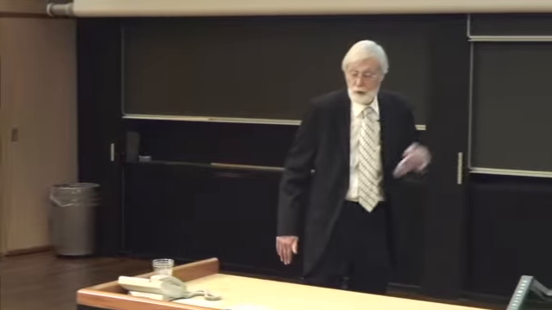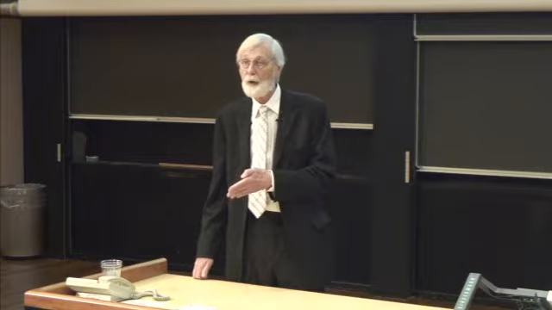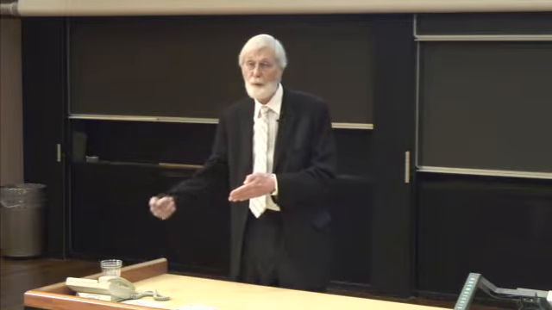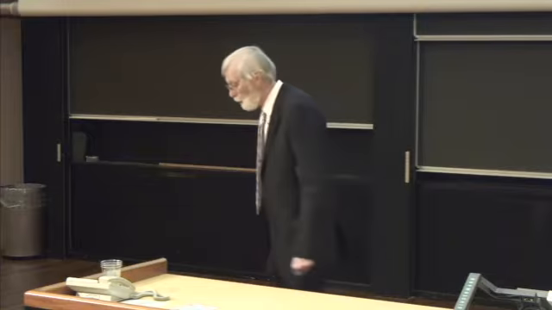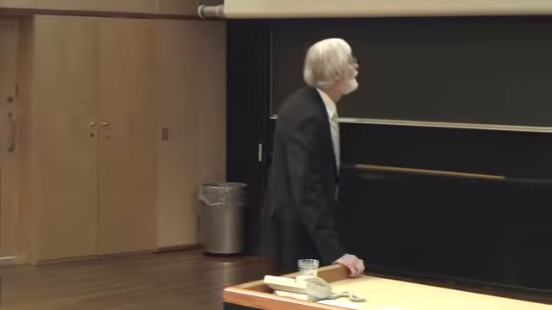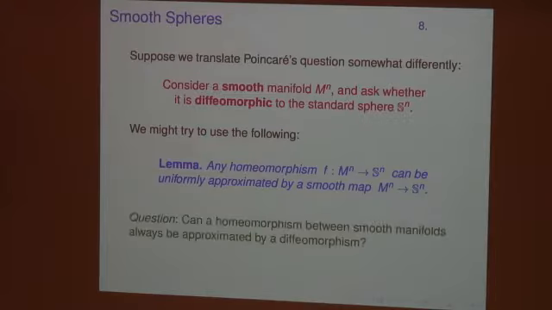So you might think it should just be easy if you can approximate the forward map by a smooth map and the backward map by a smooth map. You should be able to somehow do the two of them together and get a diffeomorphism. But this doesn't work. So you can ask whether this happens, but the answer is no.